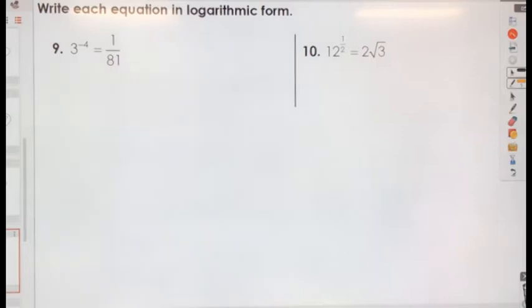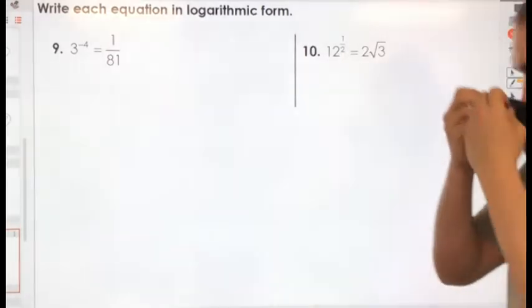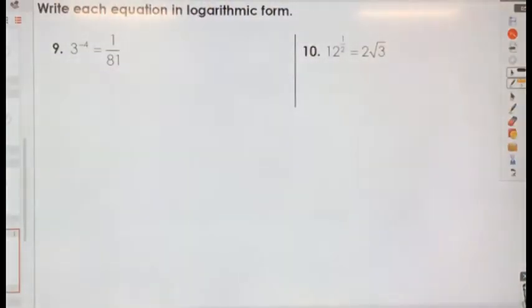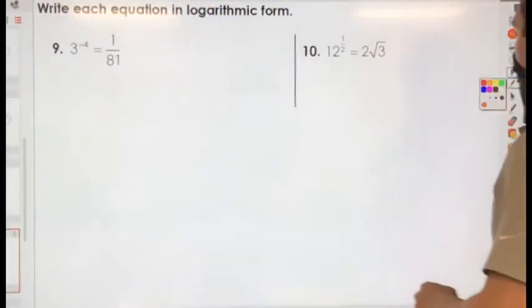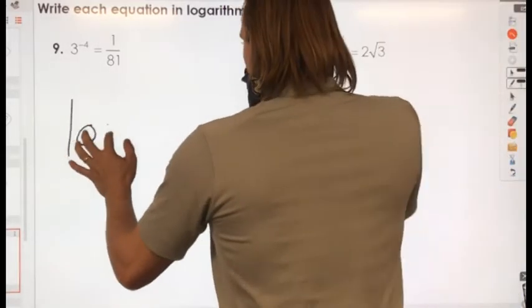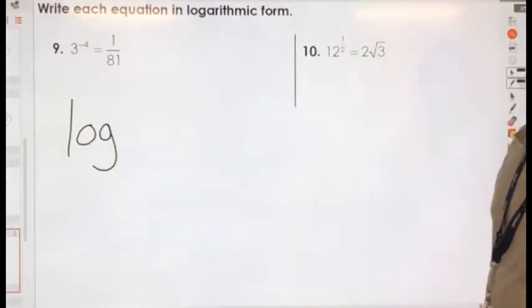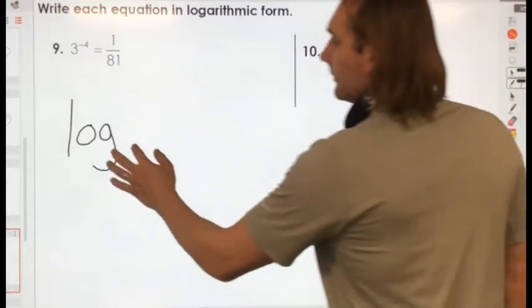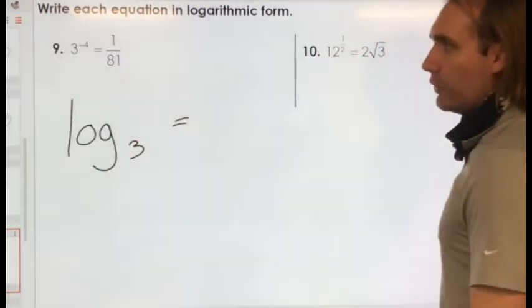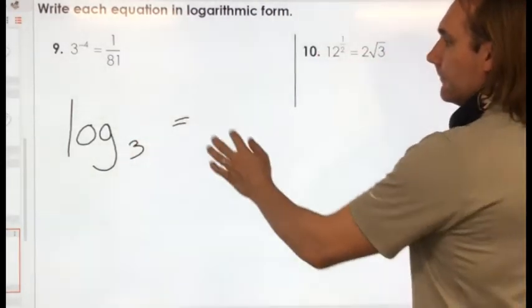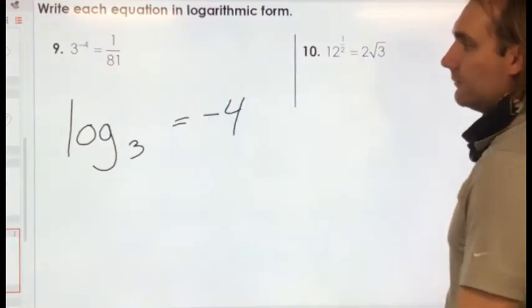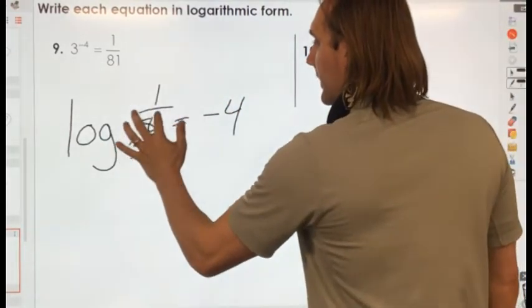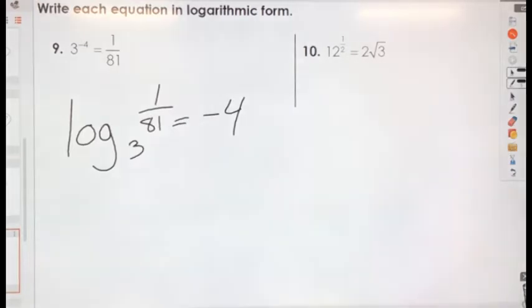So let me give you these a try. Let me give you a minute. Convert these into logs. All right. Log base 5. Well, what's my base? 3. This will equal what? -4, my exponent. So the only other option to put in my hole here is 1 over 81.